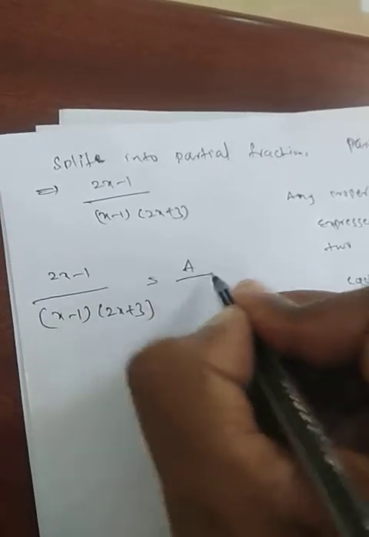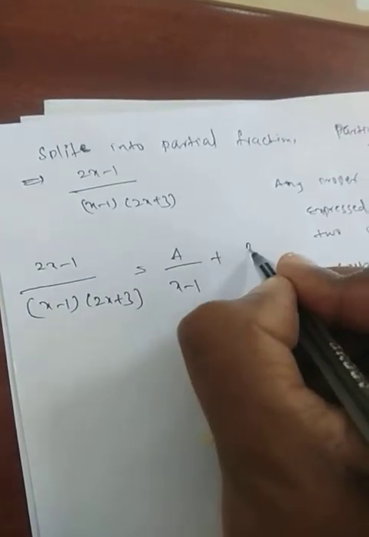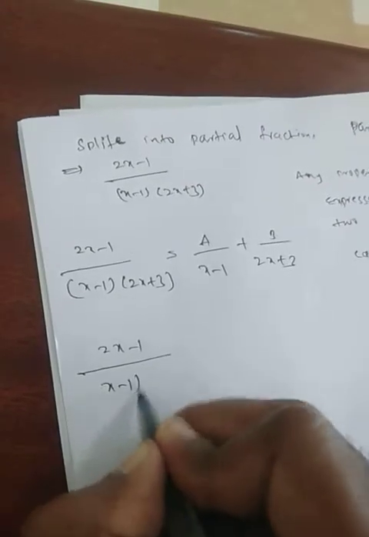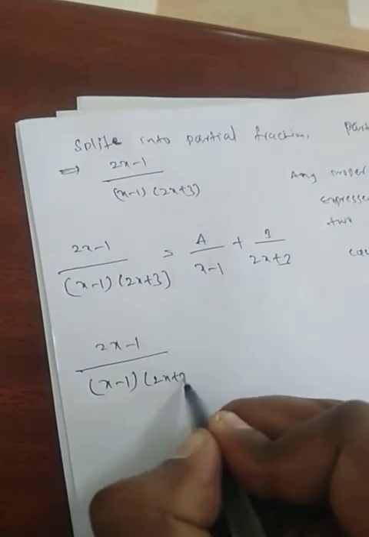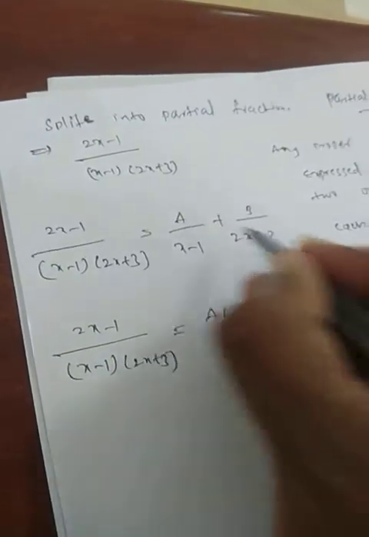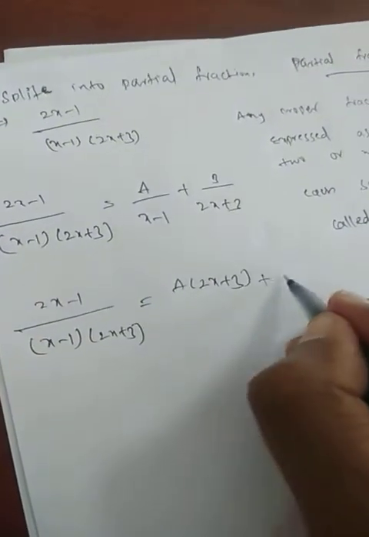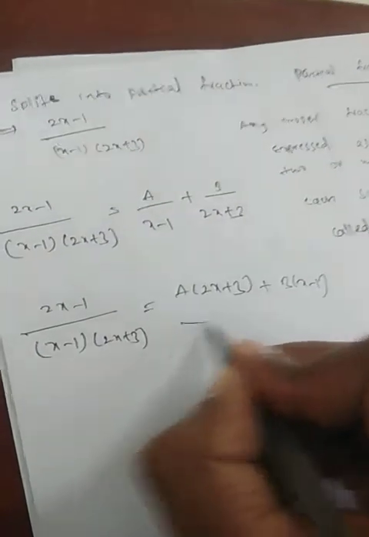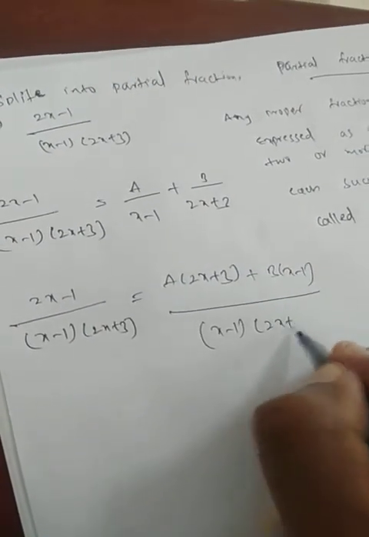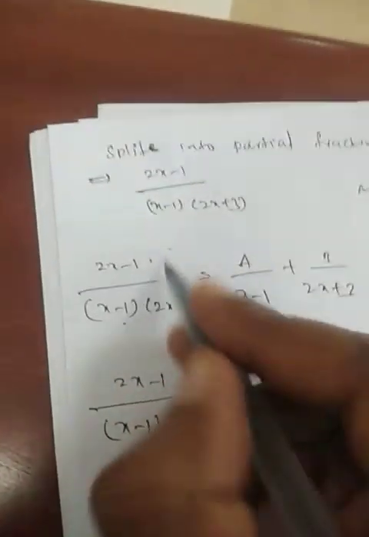This I can write as a by x minus 1 plus b by 2x plus 3. That is, 2x minus 1 over x minus 1 into 2x plus 3 equals a into 2x plus 3 plus b into x minus 1, cross multiplication I am doing, divided by x minus 1 into 2x plus 3. A by this plus b by this.